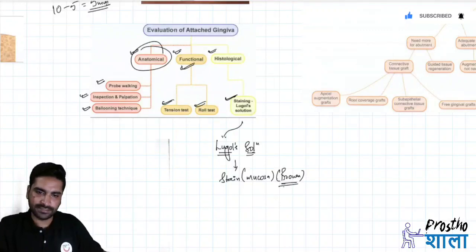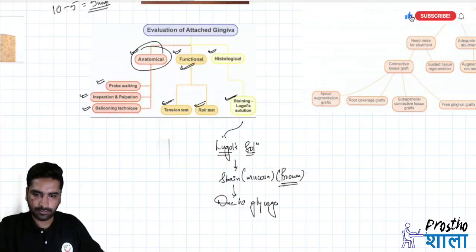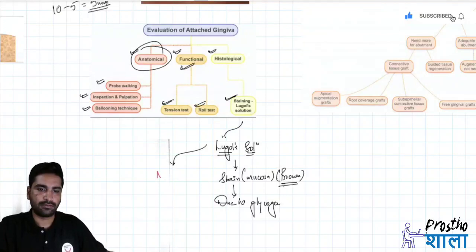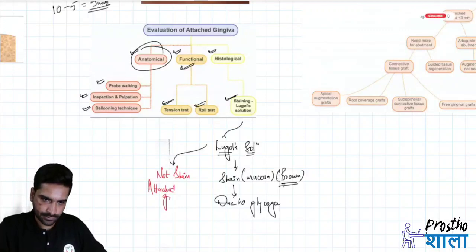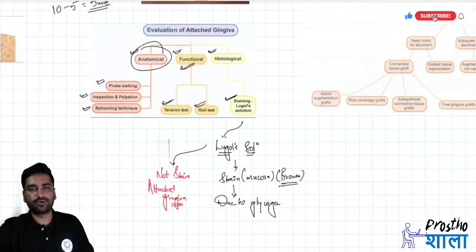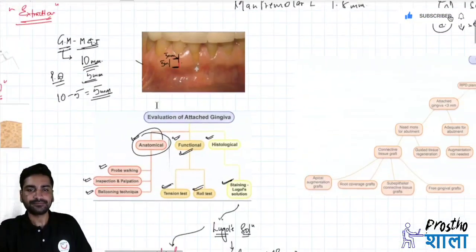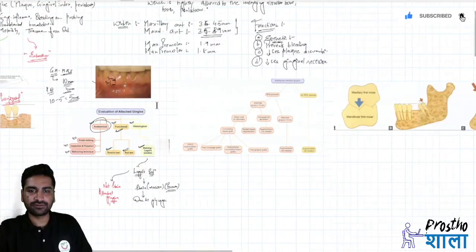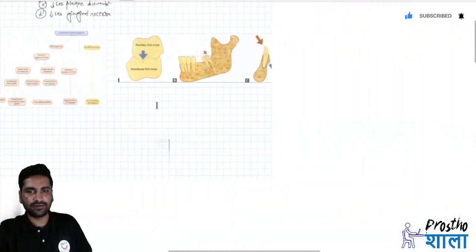When it stains brown, that is due to the glycogen present, but it will not stain the attached gingiva. So that is how you can demarcate which is the attached gingiva and the alveolar mucosa. Okay, so this was about the methods of evaluating the attached gingiva.